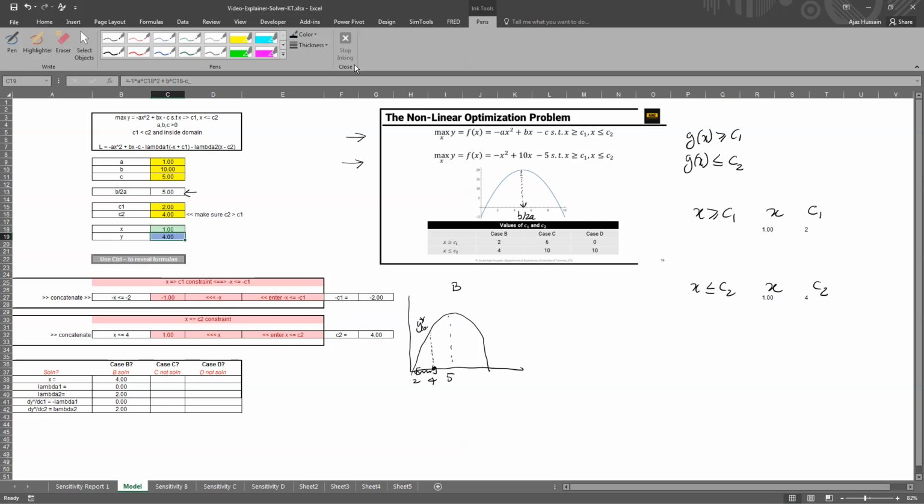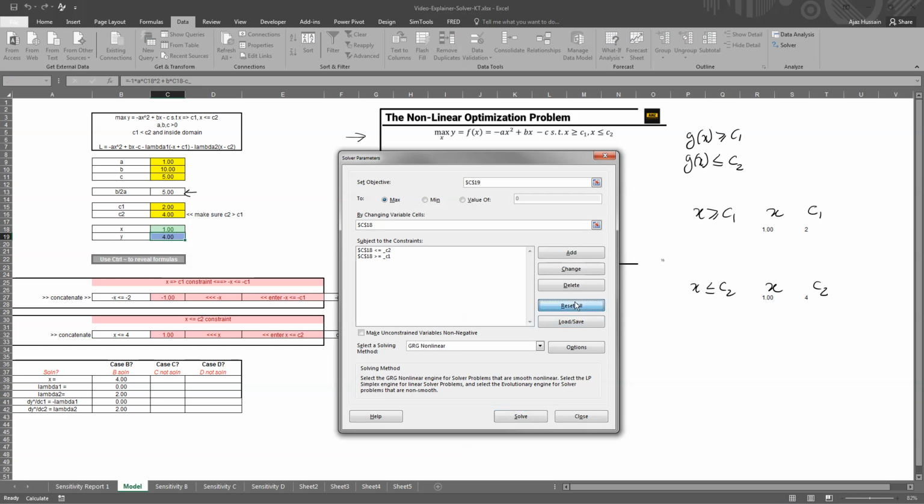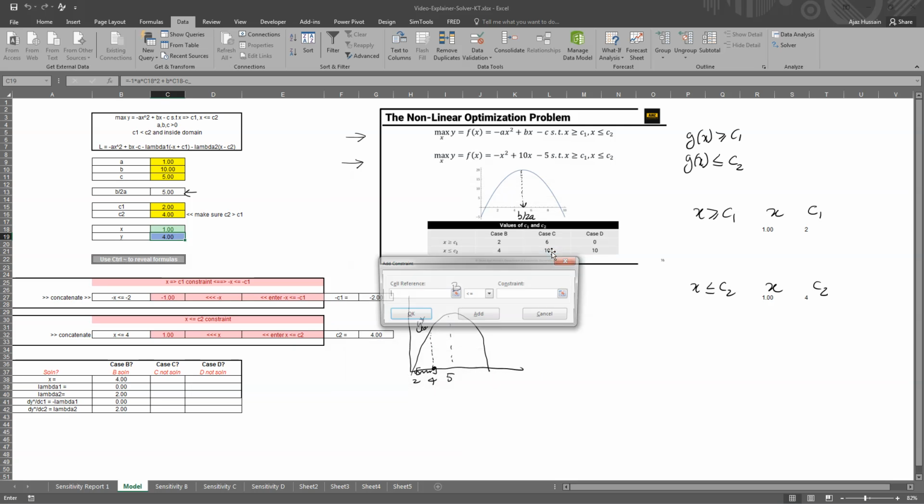Now I'm going to go back to Solver. I'll reset everything. And once again, our objective is to maximize y by choosing x, subject to the constraints that x right there must be bigger than or equal to that C1 right there. And then this x must be less than or equal to C2 over there.